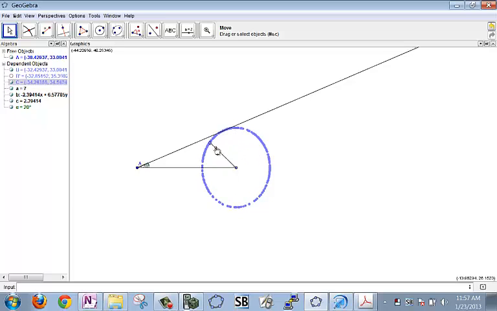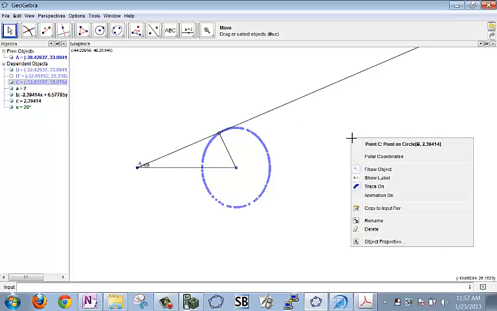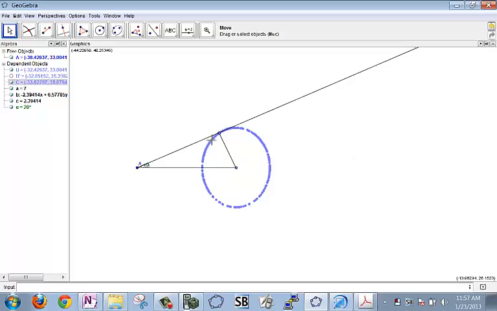Right? And so, well, for some reason the scaling is off on the grid. Just pretend. It is a circle, it just doesn't look like one. So because that third side of the triangle is tangent to the circle, doesn't this angle right here have to be 90 degrees? Yes. So, Alex, what's up?